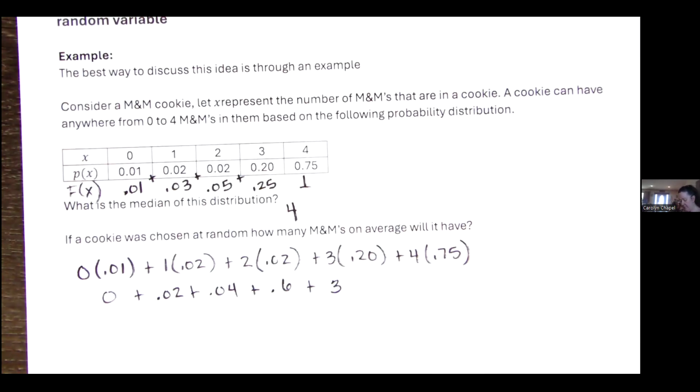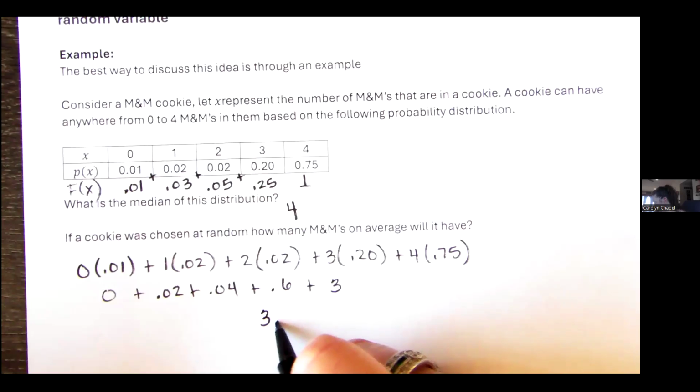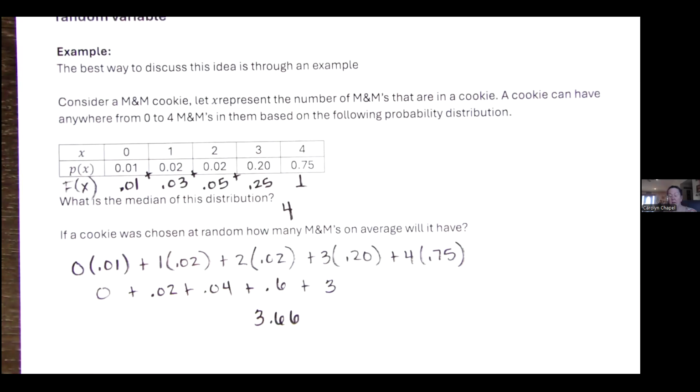I'll double check with my calculator here. It is. And now I'm going to add all those up. And I get 3.66 chips. So on average, each cookie has 3.66 chips on it.